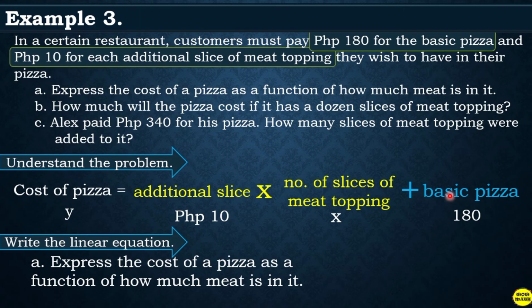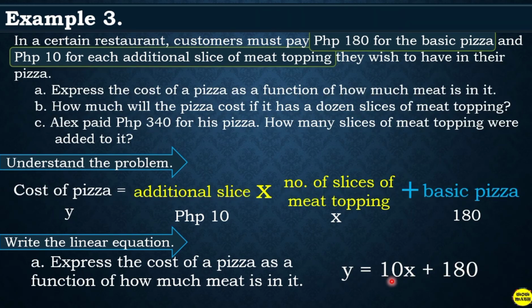So how is our linear equation, depending on the additional slices? Since we do not know the additional slices, we will just represent that as x. So we now have y equals 10 times x plus 180.